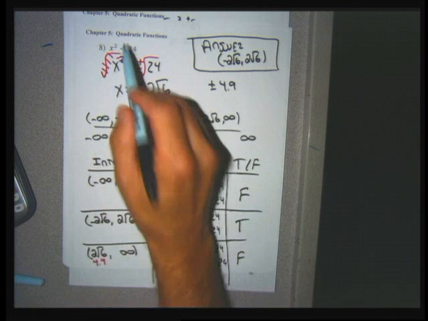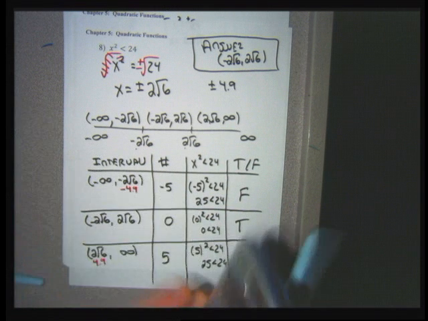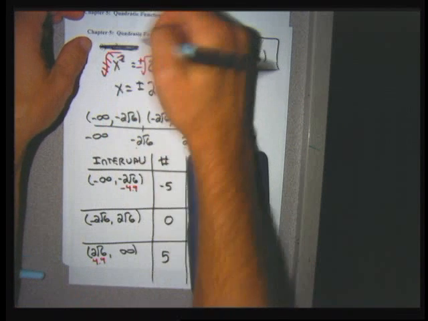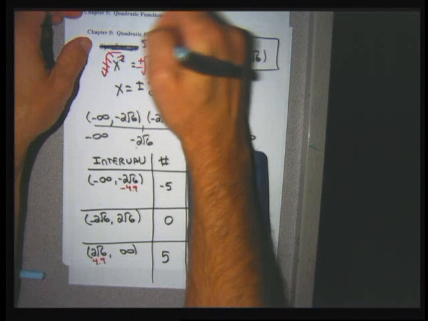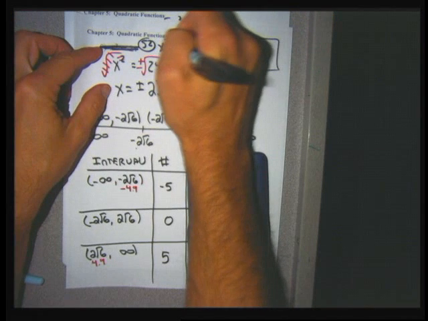I'm making my intervals. They get round brackets because I have no or equal to. And so all the way up to here, problem 52, which wants me to do x squared is greater than 24, will have exactly the same algebra.